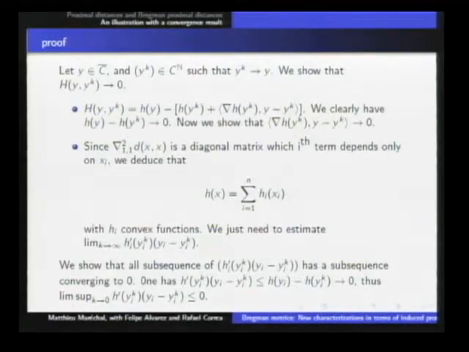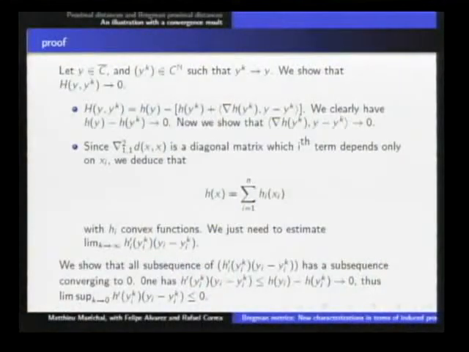First of all, by convexity, I forgot to put i here, h_i is a convex function, so this quantity is less than this, and this tends to 0. Thus, the lim sup of this quantity is less than or equal to 0.